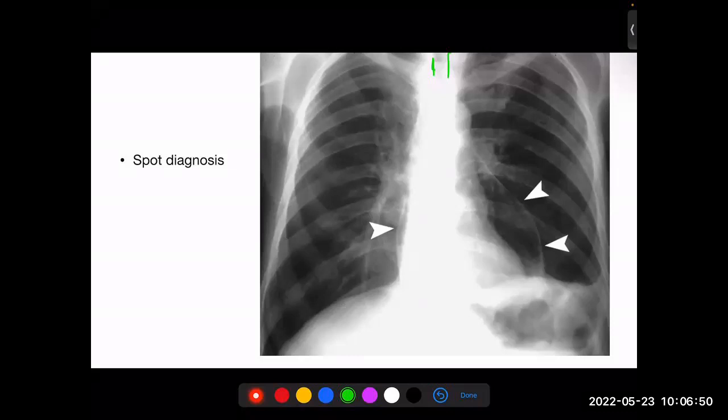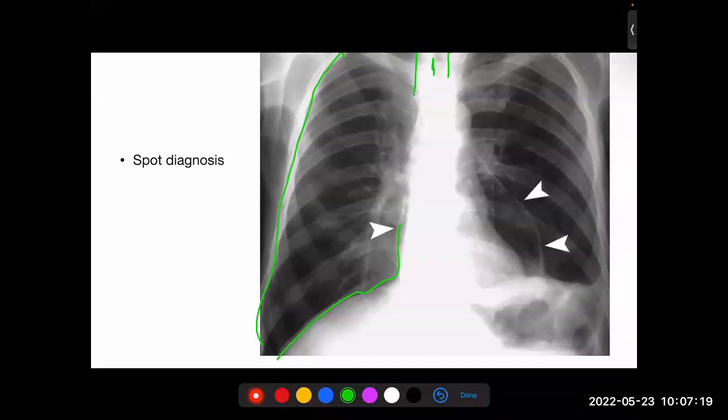I'm not seeing the full of it, but the cardiophrenic angle looks okay on this side. And then the cardiophrenic angle on this side is lost. So you are looking at the arrow, so you have forgotten to look at the image. So there is a small pleural effusion. Do we agree? Ladies and gentlemen, do we agree or am I making this up?